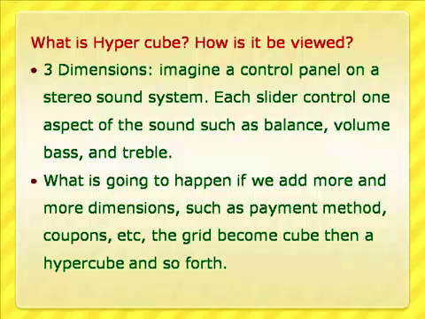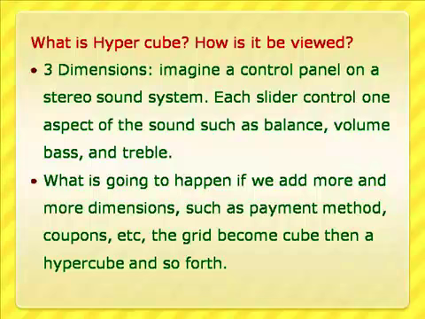If the number of dimensions is more than 3, imagination of a hypercube is quite difficult, in the sense that you cannot represent it physically in the form of a structure, but you should understand it in an abstract sense. Suppose you imagine a control panel on a stereo sound system, which we all use for day-to-day presentations.